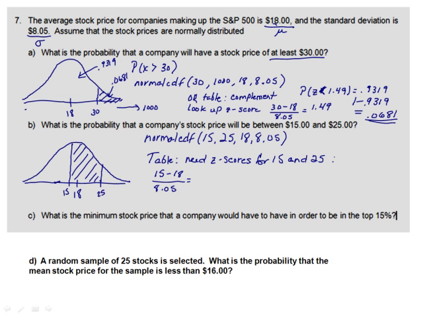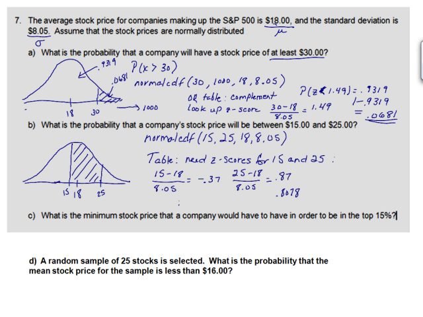And since this value was on the left side of the mean, we're going to get a negative z-score. We get negative 0.37. For our z-score for 25, we take 25 minus 18, divide by 8.05. And that one, since the value was to the right of our mean, we get a positive value, positive 0.87.